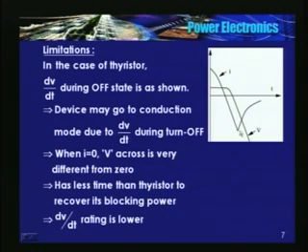It has attained a peak value, the reverse recovery current, and at this point J1 and J3 have attained the voltage blocking capability. So a negative voltage is applied across the thyristor, and this current decays at a very fast rate. So these are the turn-off characteristics that we studied for the thyristor.